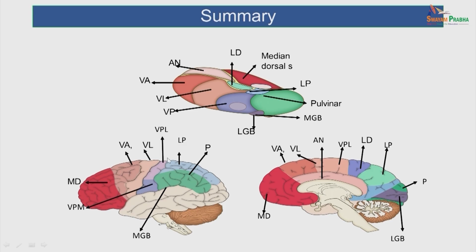In the upper part is the VPL nucleus, and in the lower part is the VPM nucleus, conveying the trigeminal lemniscus and the gustatory pathway. Then the pulvinar is connected to the inferior parietal lobule, and on the superior part we have the lateral dorsal and lateral posterior nuclei.